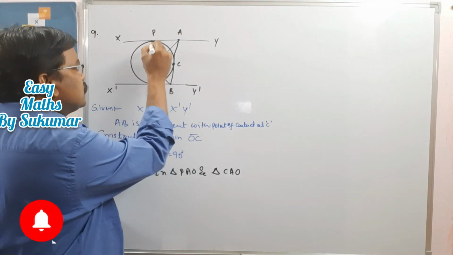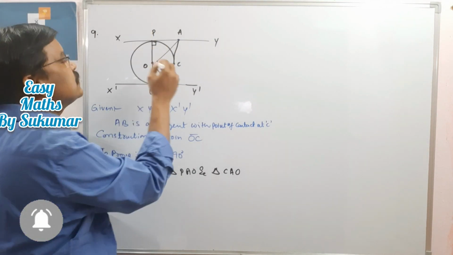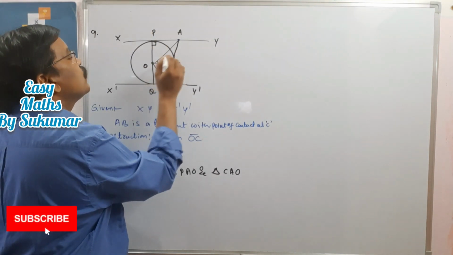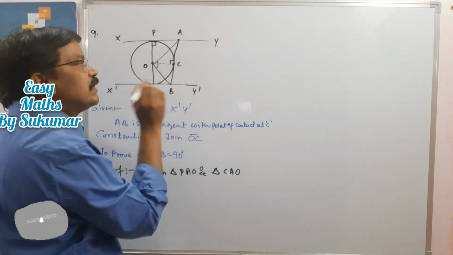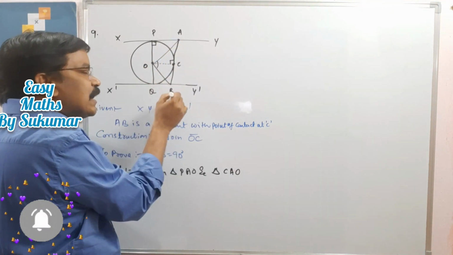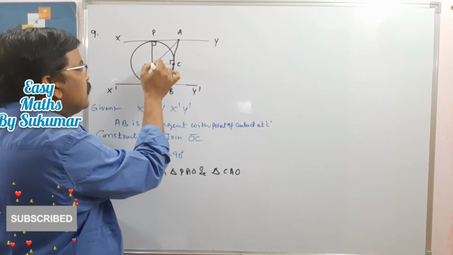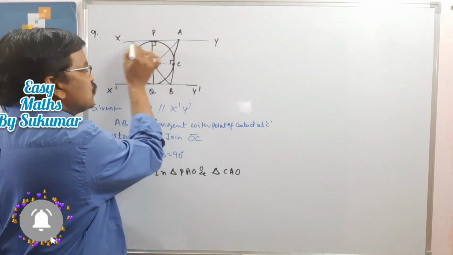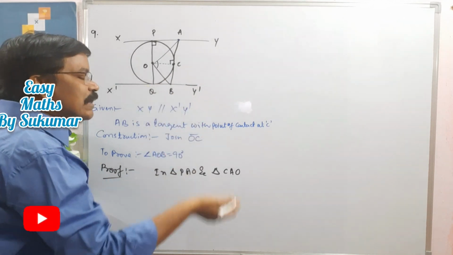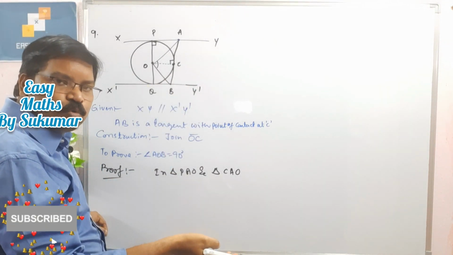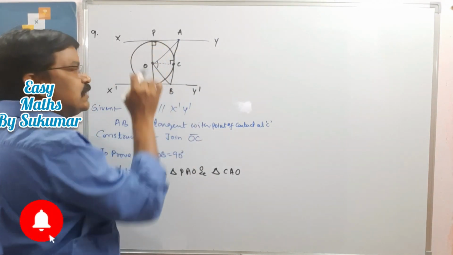Here my dear students, this angle is 90 degrees, and this angle is also 90 degrees. Since this OC is the radius and AB is the tangent, according to theorem 10.1, and here this OP is the radius and XY is the tangent, again according to theorem 10.1, so this angle is 90 degrees.